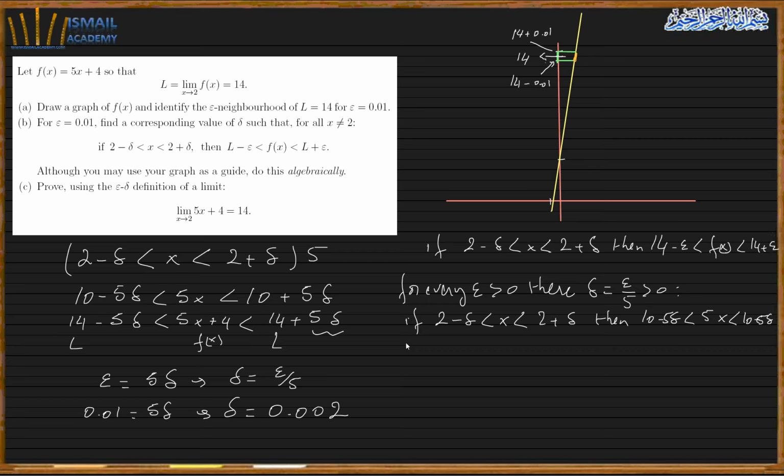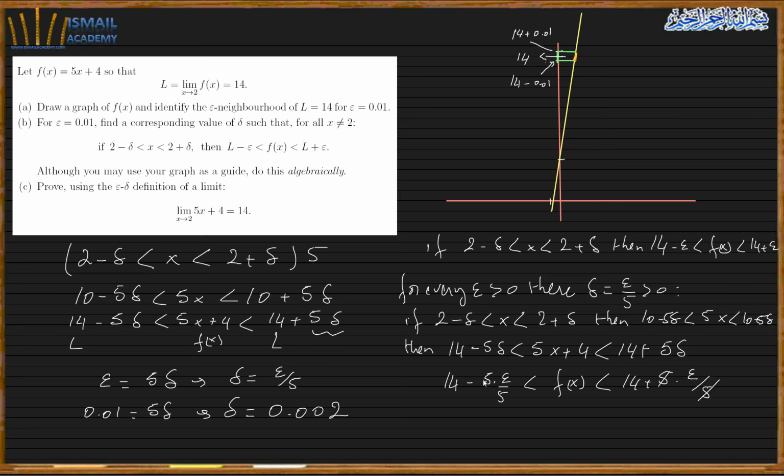Then I will add 4, so then I will have 14 minus 5 delta is less than 5x plus 4, which is less than 14 plus 5 delta. So I will substitute delta by epsilon over 5, so it's going to be 14 minus 5 times epsilon over 5. This is going to be my function, and this is going to be 14 plus 5 times epsilon over 5.